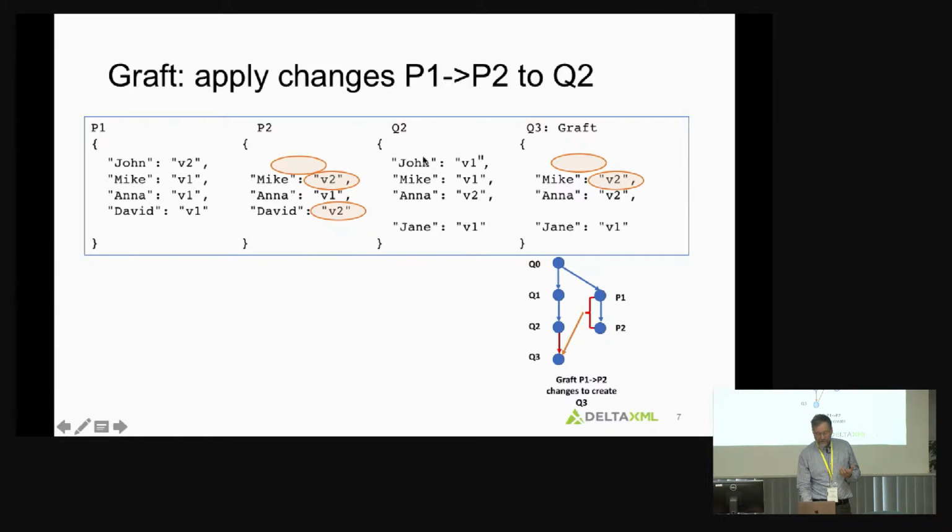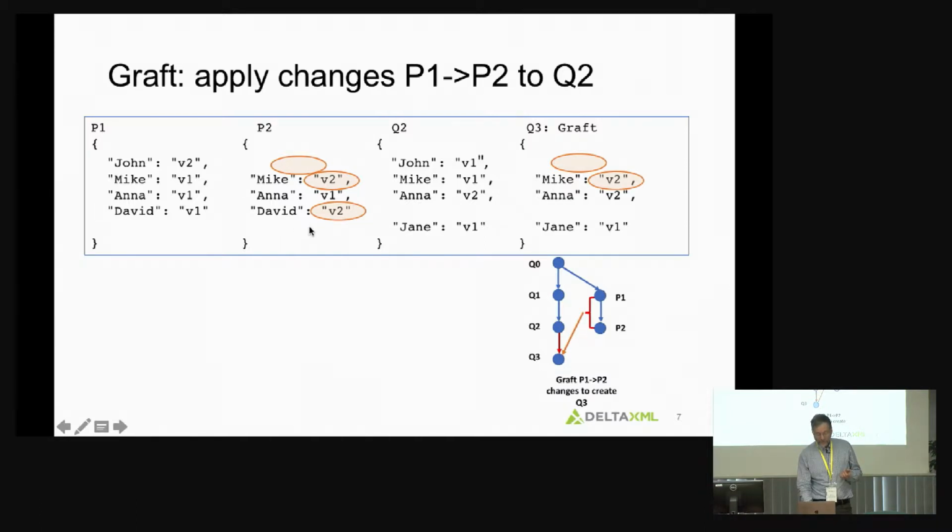And here's Q2. So what happens then with a graft? First of all, John has been deleted. Well, that's no problem. We can delete John. There's no difficulty with that. Mike has been updated. That's fine. We can update Mike. No problem. Anna, no changes to Anna at all. So Anna remains as she was in the previous version.